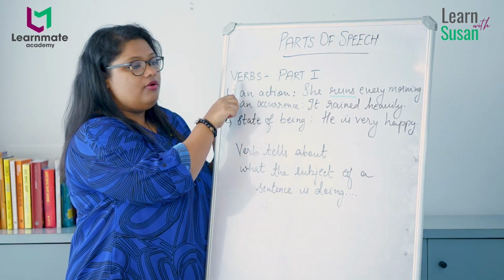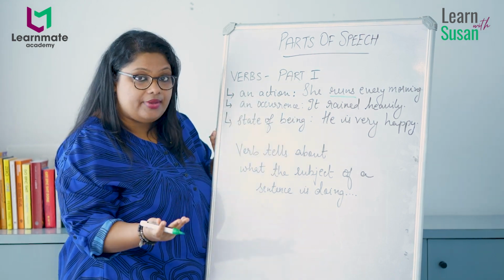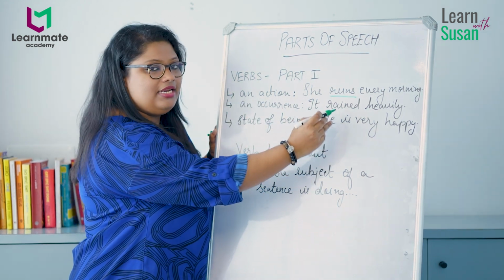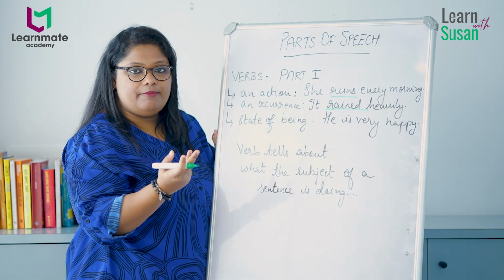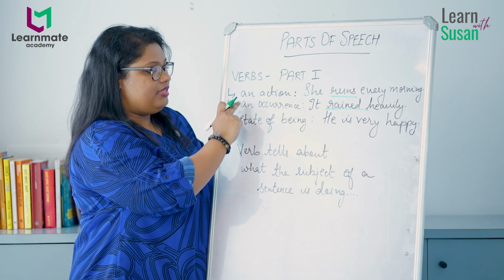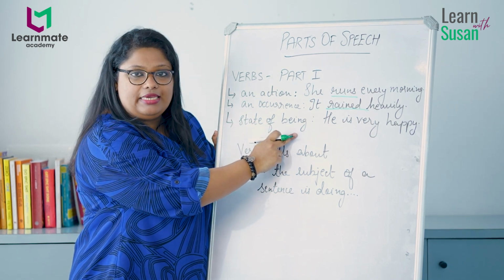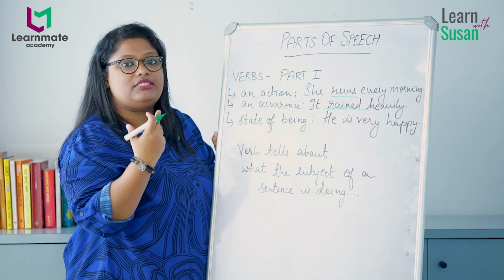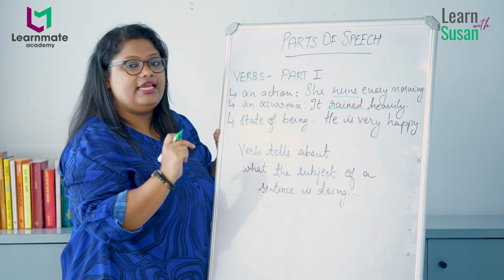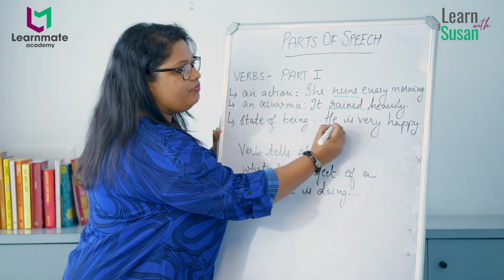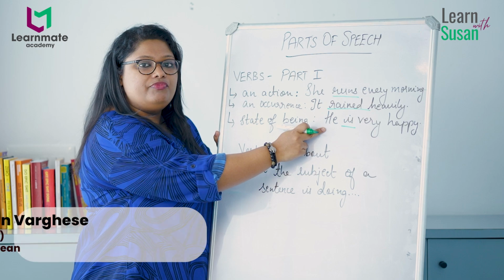The second one, verbs express an occurrence, something that has happened. Here, it rained heavily, so the word rained becomes the verb. The last one expresses the state of being, like a condition or a state of happiness, as seen in the sentence: he is very happy. So is becomes the verb in this particular sentence.